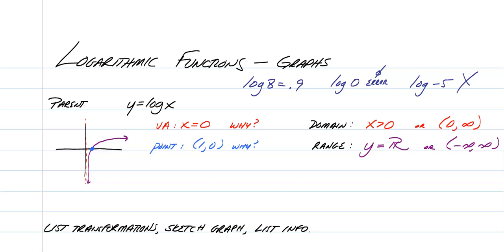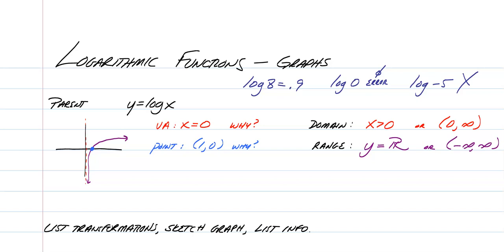In exponential functions, domain was all real numbers but range was y is greater than 0; these two just switched. Same with the point: in an exponential graph it was (0, 1), because anything raised to 0 was 1, but in logs it goes backwards, so it's (1, 0).